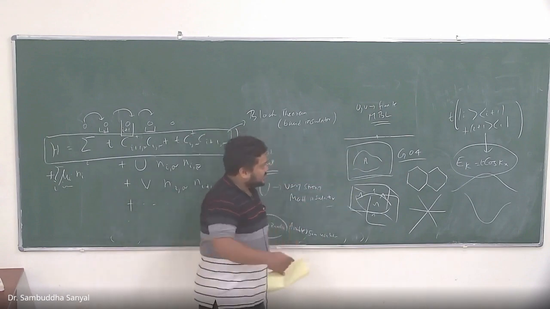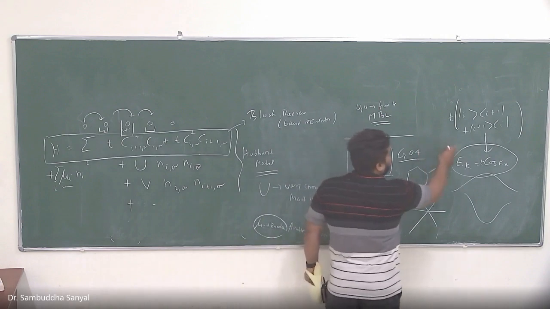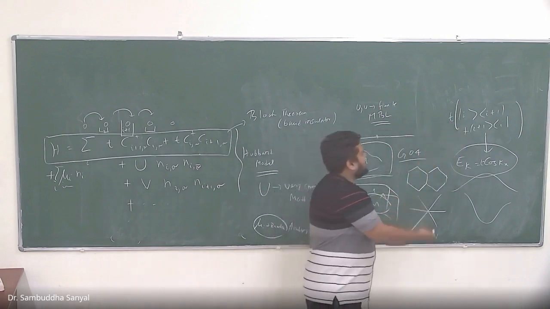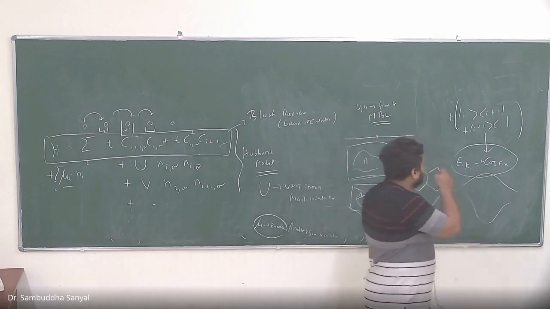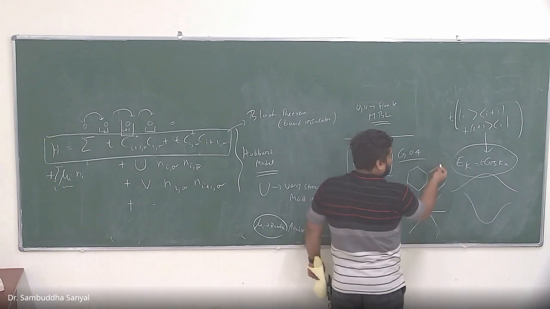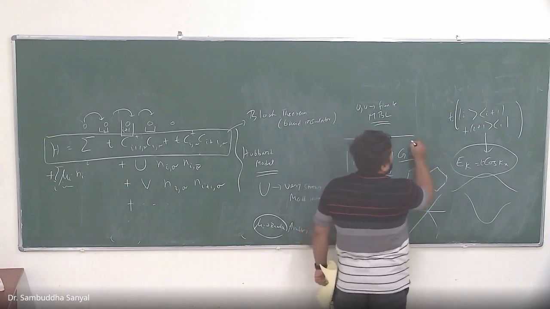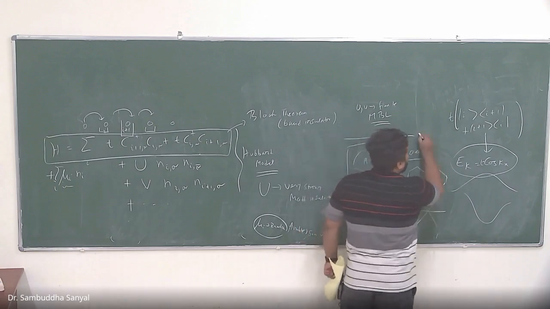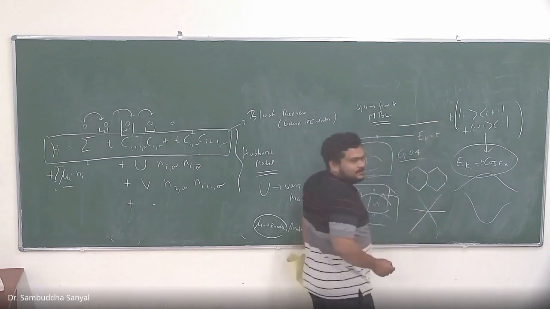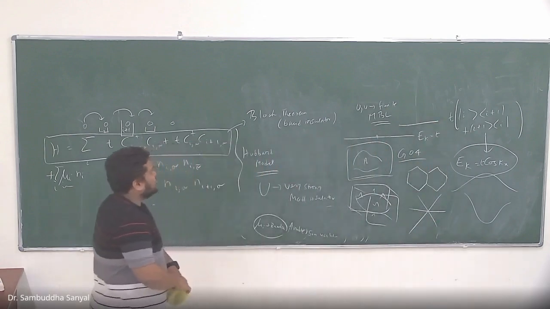And there is another class of problem. Notice, what is this? This is basically a kinetic term, right? The band structure effectively gives you a kinetic term. So some systems, which are very interesting these days, give you a flat band, which means E_k is not a function of k. It's something like this, a flat band.